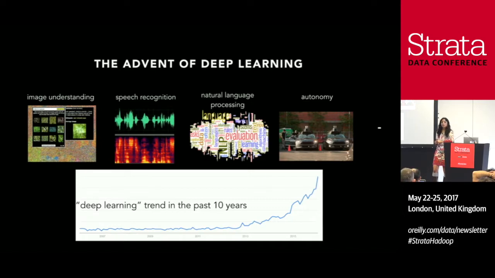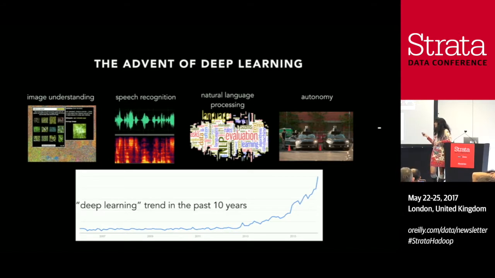And processing natural language is in a way much more challenging because language is a discrete quantity. Words are discrete or characters are discrete. And how do we process all the variations in language?